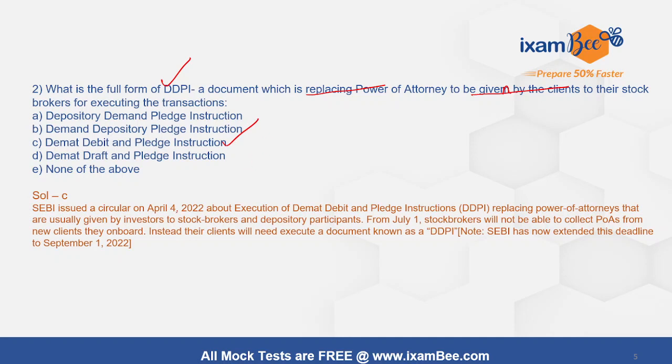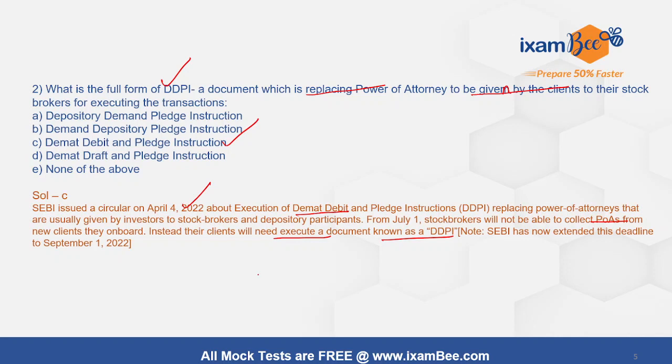SEBI had actually come up with this circular in the month of April this year about execution of this particular document for transfer of securities towards delivery, settlement obligations, pledging or repledging of securities for margin purposes, right? So from July 1, stockbrokers will not be able to collect the POAs from new clients that they onboard. Instead, their clients will need to execute a document known as DDPI, that is demat debit and pledge instruction, right?